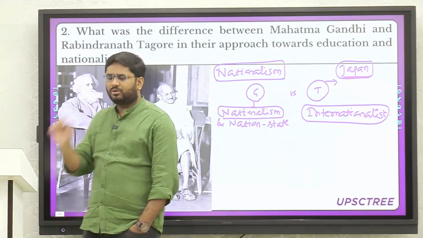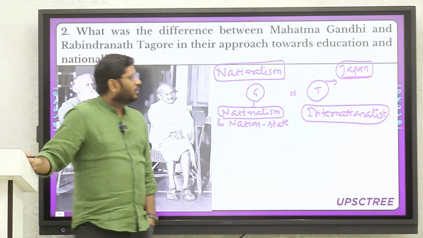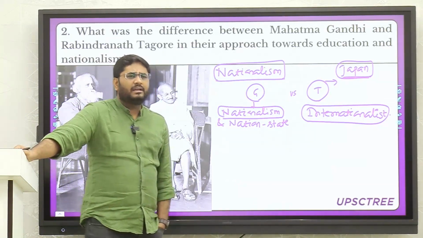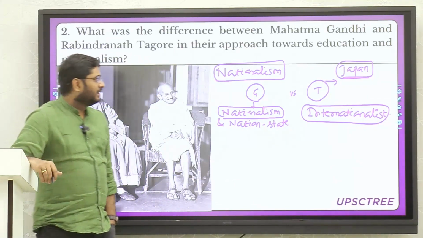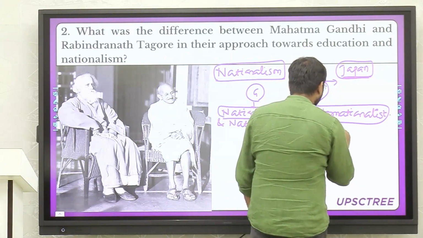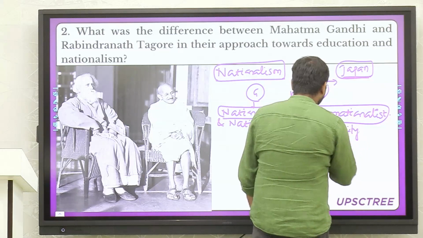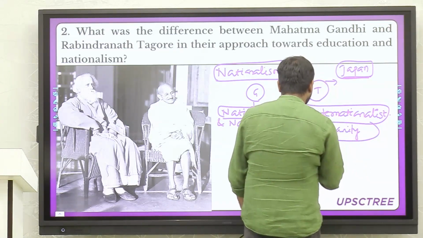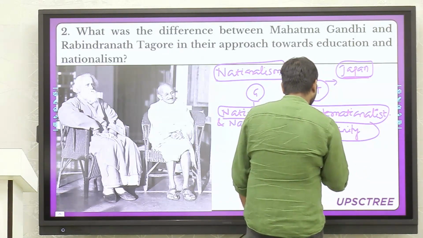Japan started conquering other parts of the world. That's why he didn't like nationalism much. For him, it was internationalism, or what we call humanity. The same kind of philosophy we also find in Vasudhaiva Kutumbakam.